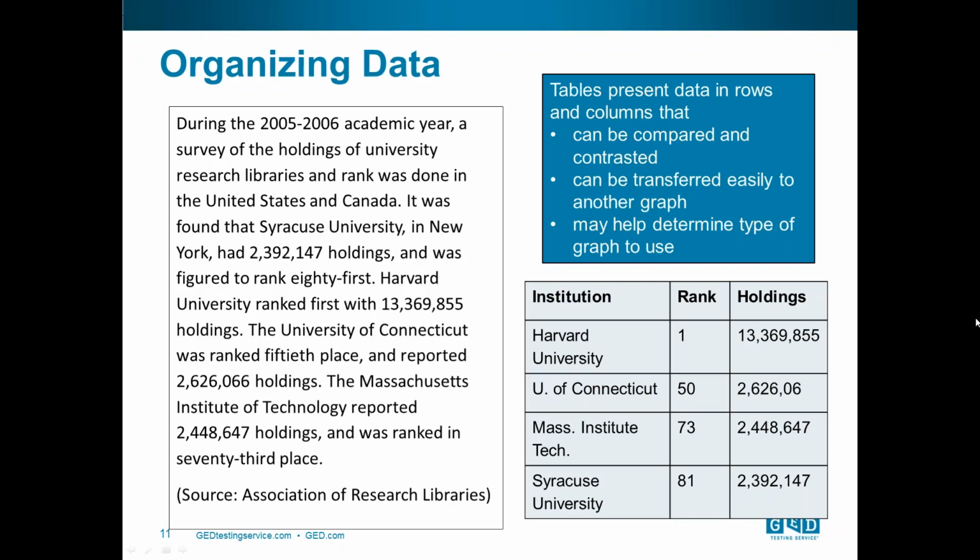But if I can take that information and organize it in some way, that can make a difference. By being able to go from the narrative into a table, I can make some decisions about maybe using a graph to display that.